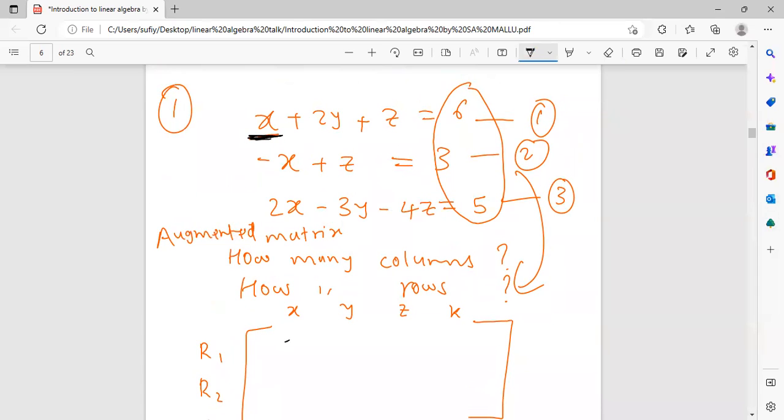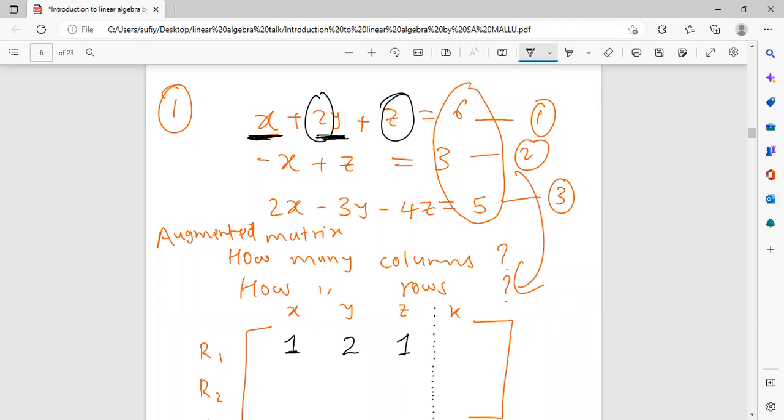What is the coefficient here with x? It's 1, so we're going to put a 1 there. What is the coefficient of y in equation number 1? As you can see, the coefficient of y is 2, so we put a 2 here. What is the coefficient of z here, guys? It's 1, so we put a 1 there. And then, as I said, whenever you're talking about an augmented matrix, you want to separate your constant k, and therefore we put this dotted line.